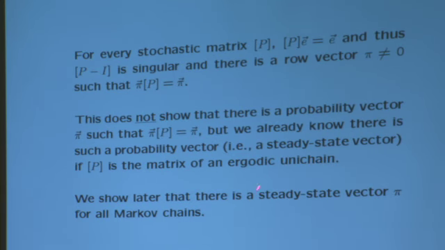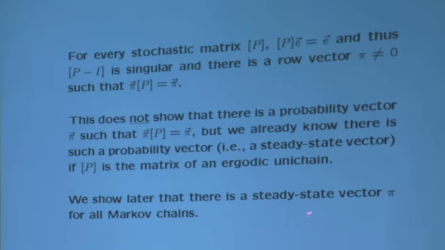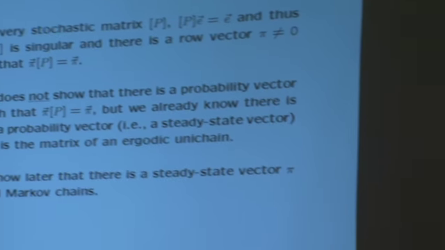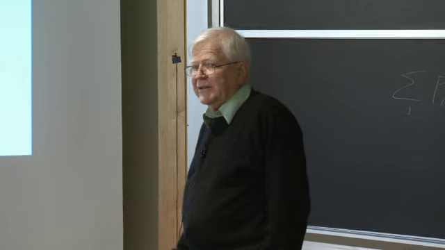What we don't know yet is whether a steady state vector exists. We do know that a left eigenvector exists. We're going to show later that there is a steady state vector pi, in other words, a non-negative vector which sums to 1, for all finite state Markov chains.